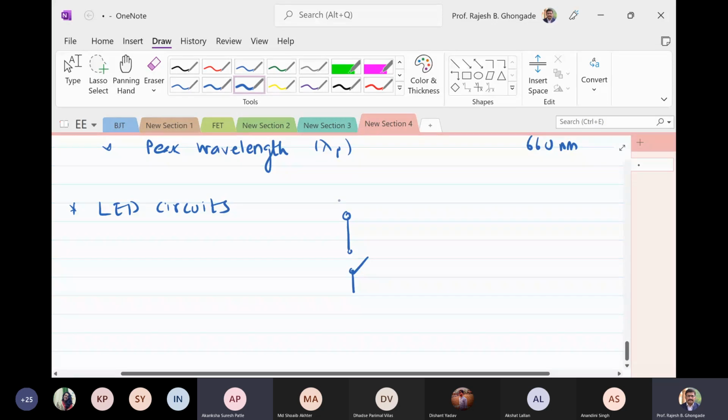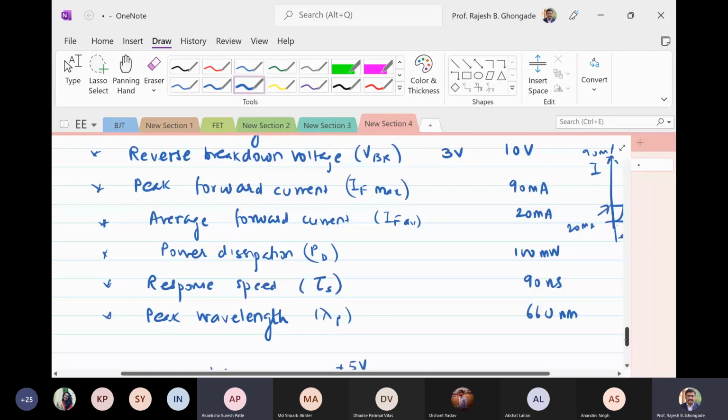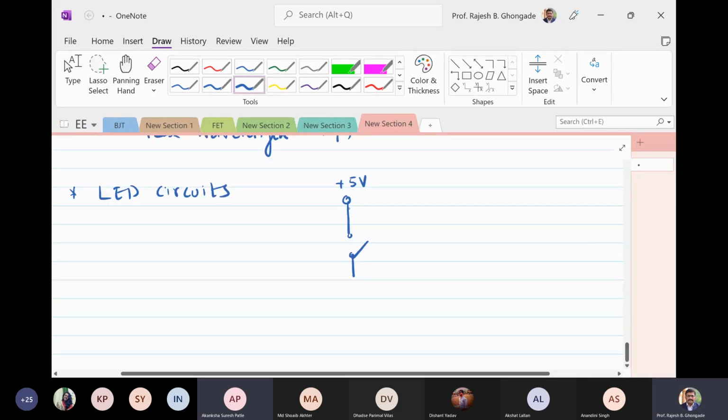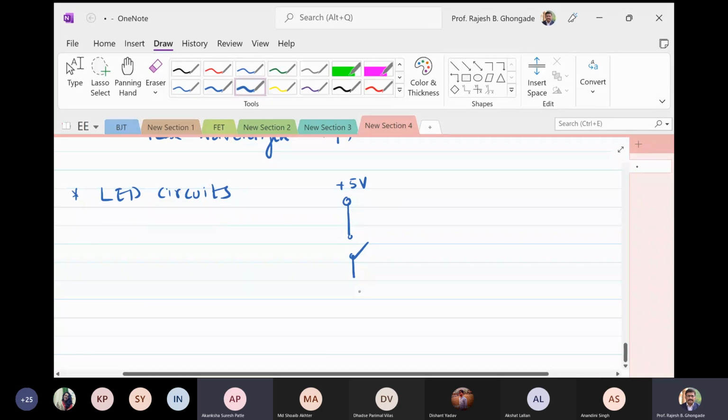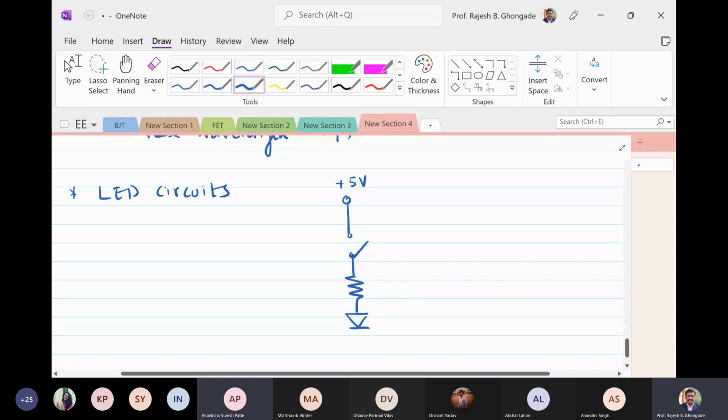So here let us say we have 5 volts. Now since the maximum average current is given to us as 20 milliamperes, I cannot directly connect it to the supply. I must use a current limiting resistor and then I'll be using the LED.